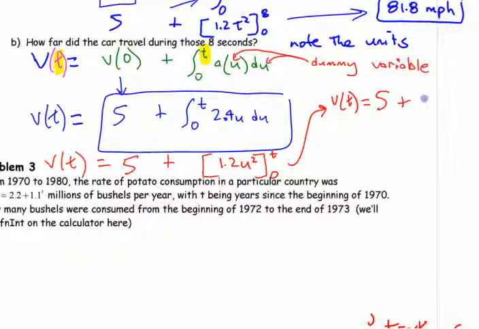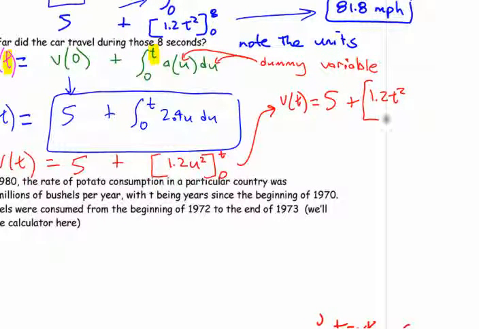5 plus, it's a function, right? Put the t in, you get 1.2 times t squared. If I put the u in, what do I get here? If I put the 0 in, I have minus 0, so I'm not even going to put that. I'm going to just leave it like this. This is the velocity function. That's what we did last time, but I just skipped over that.